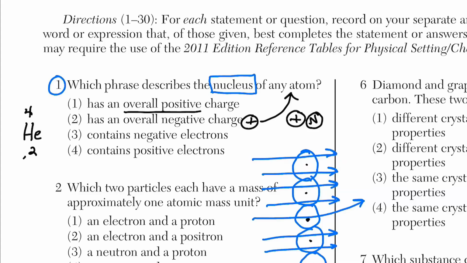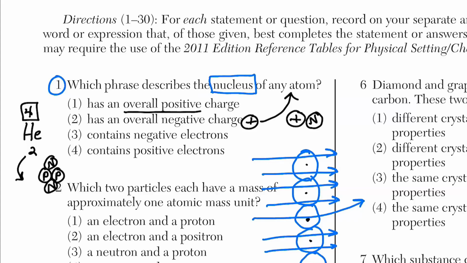This atomic number of 2 means 2 protons, which are both +1. And there's a mass of 4, which means what? Well, there are 2 other particles in the nucleus that have the same mass as a proton, and that would be a neutron. That's what an alpha particle is: 2 protons and 2 neutrons.